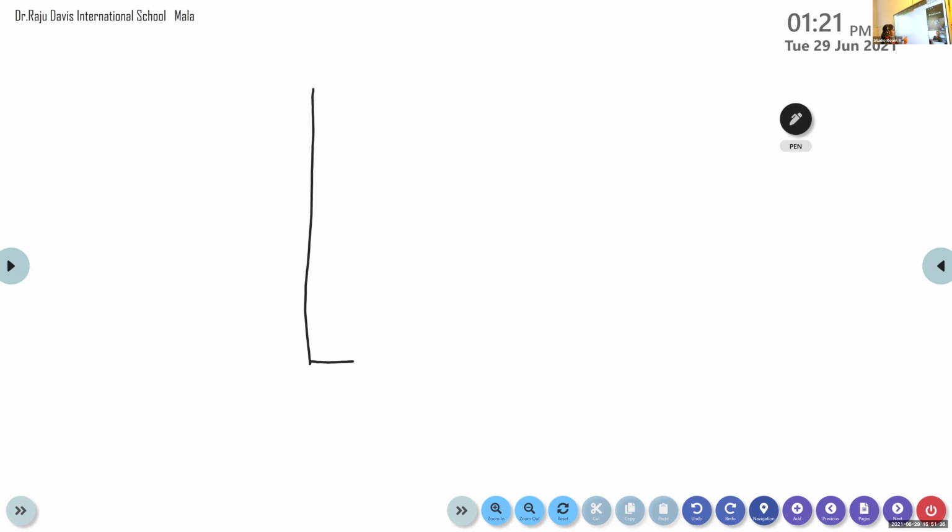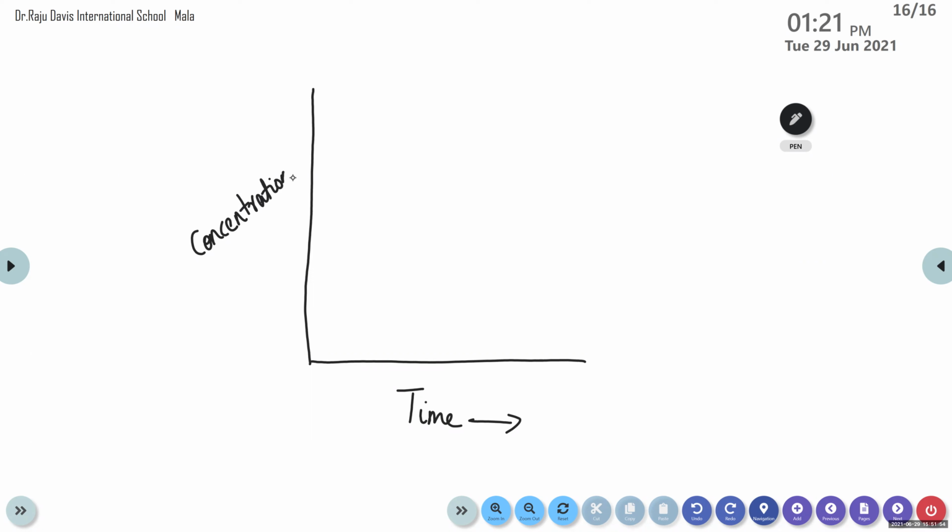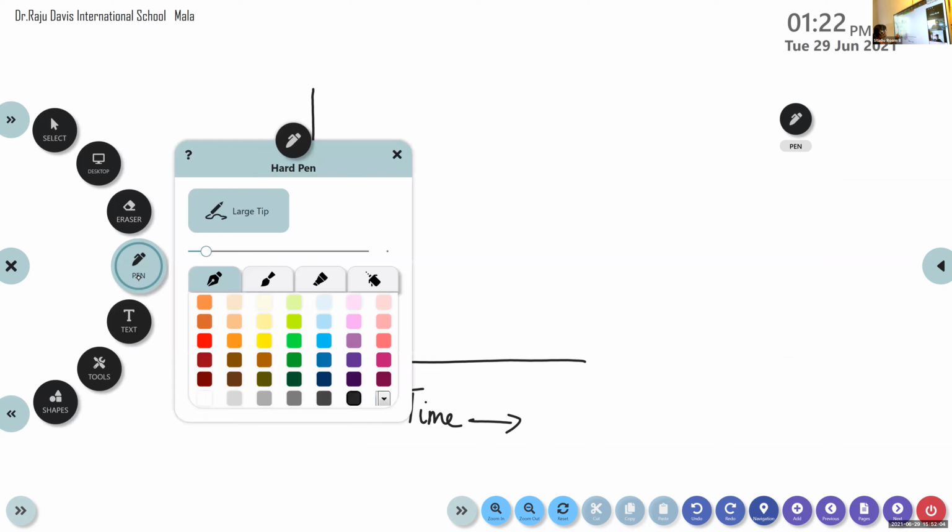In the x-axis it is time. Then in the y-axis this is the concentration of reactant.